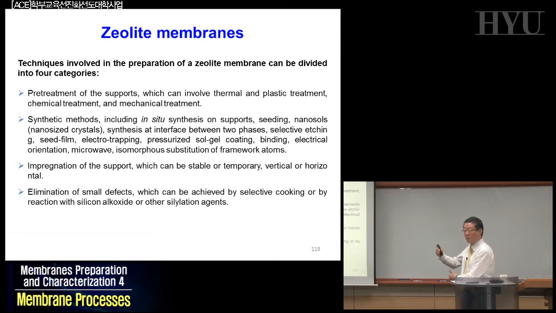You have come up with many stages, and that bothers the making of your large scale zeolitic membranes. And then that's not the end. You have to impregnate your support and eliminate your small defects and so on.